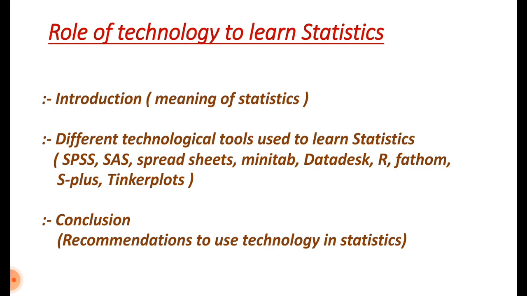For some people, statistics means only information, and for some people it is about data, analysis of data, interpretation of data, giving solid information related to any kind of information.